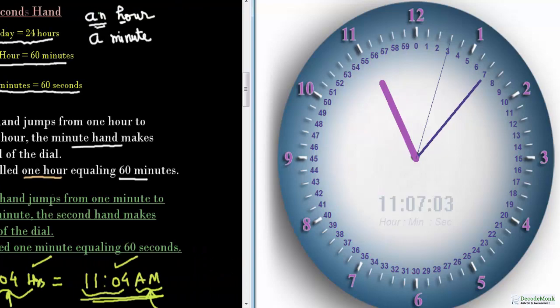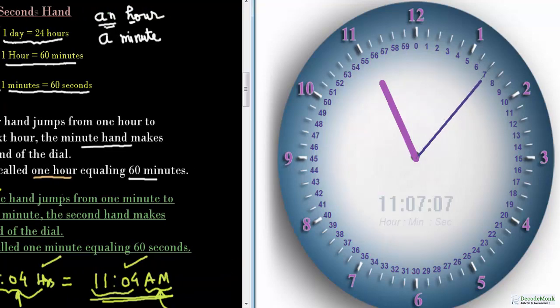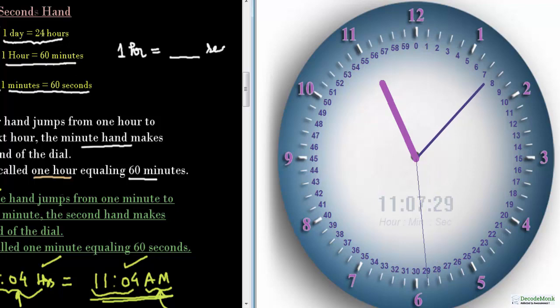Now if you are asked, 1 hour equals how many seconds? Let me rub this down first so that we have some space. We know that 1 hour equals 60 minutes, and 1 minute equals 60 seconds.